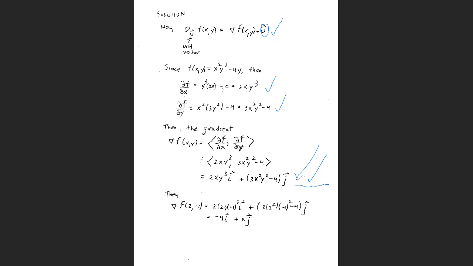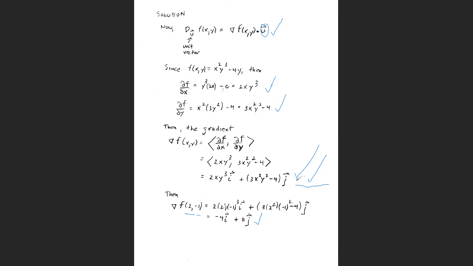Okay, so now, if there are no questions, let us proceed on. We're going to compute the gradient vector at 2 and -1, and it turns out it'll be -4i plus 8j.